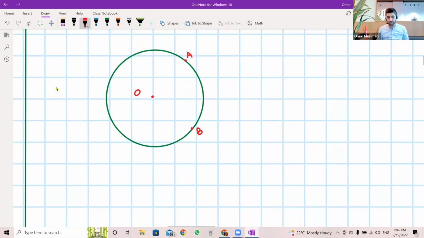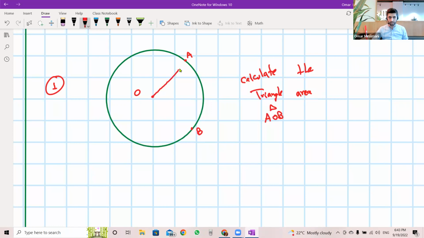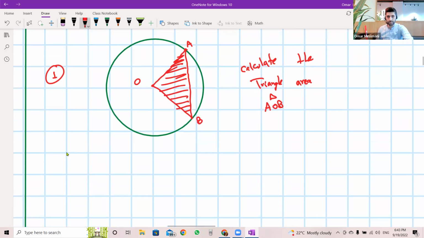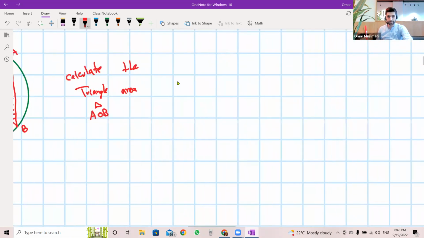The first thing is to calculate the triangle area. Which triangle is it? Triangle AOB. Try to calculate the triangle area AOB, which is this one. That's one.